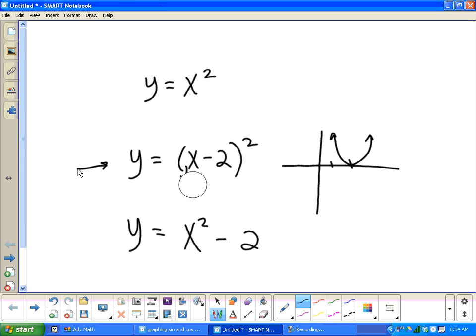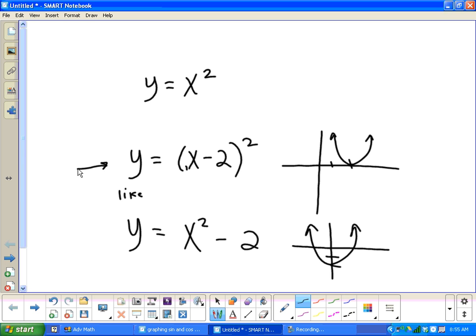Okay. Now, this is what we'll start with. What's the -2 going to do if it's like outside the parentheses? Right, it's going to shift it down too, right? All right, so to kind of compare this, what this would be like would be this equation.